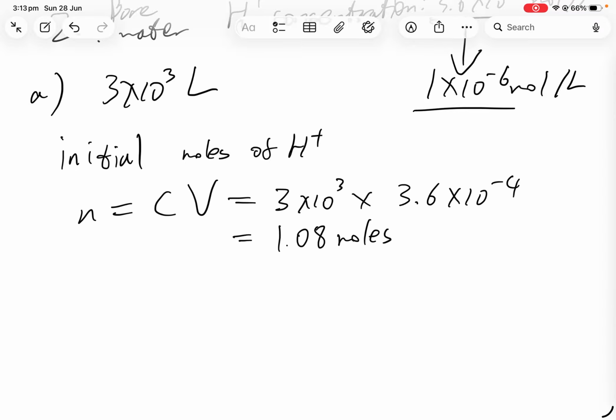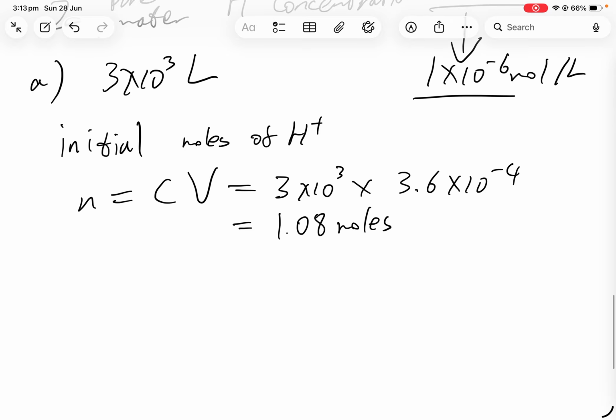So now we want to lower that concentration by adding in more water. How will we do that? Well, the moles will stay the same because there are no more hydrogen ions inside the water that we added, so the moles won't change. We want to have this new concentration when we find the volume.